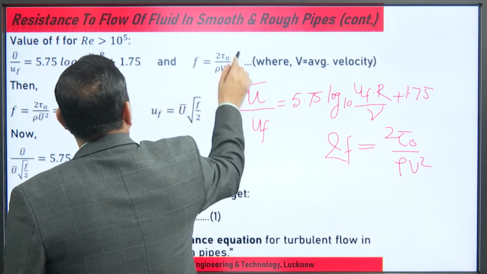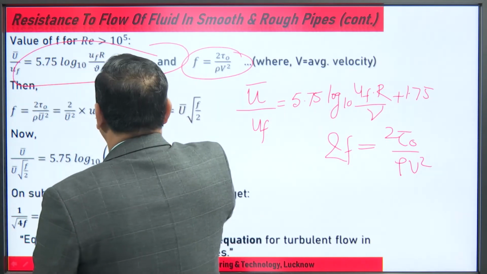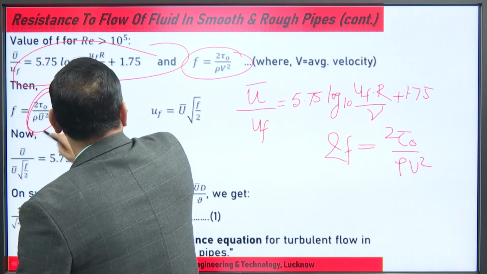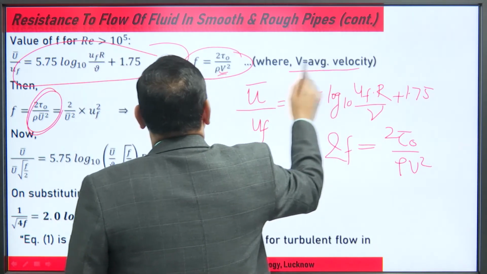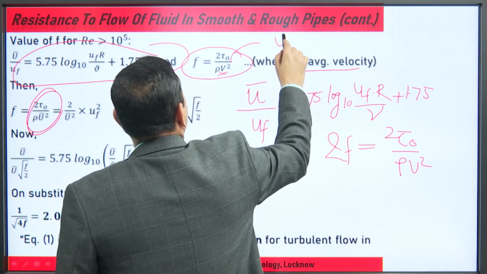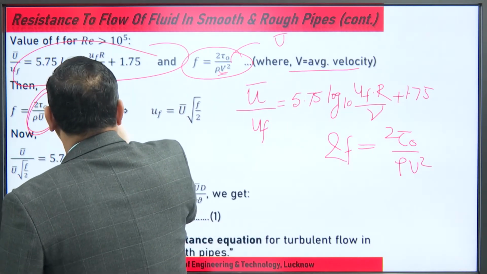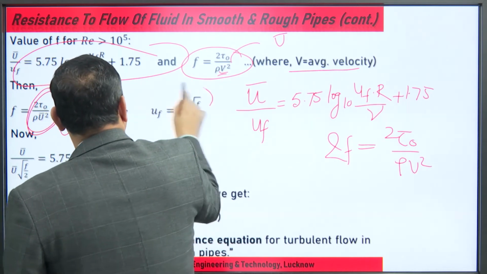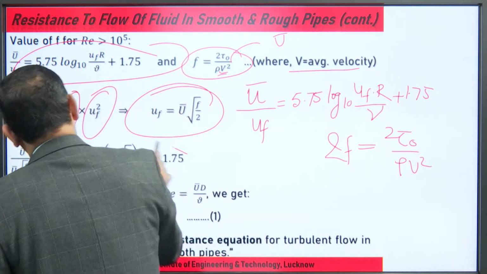Just see F, this value, because V is the average velocity we are mentioning.